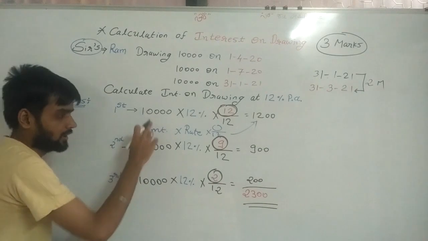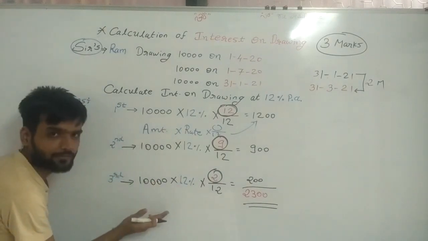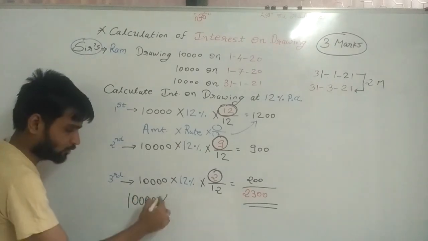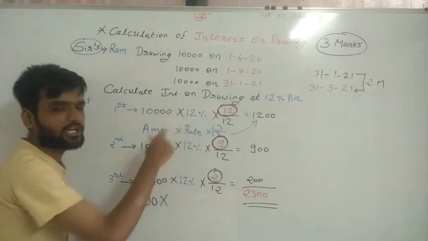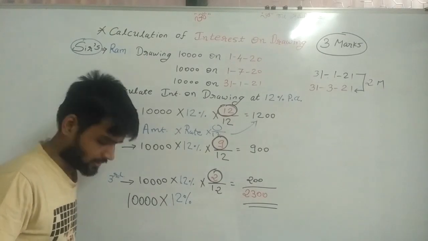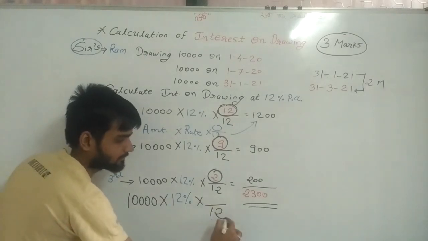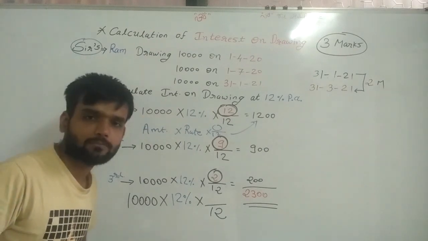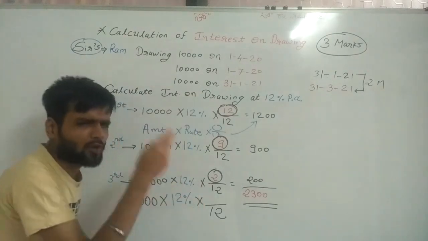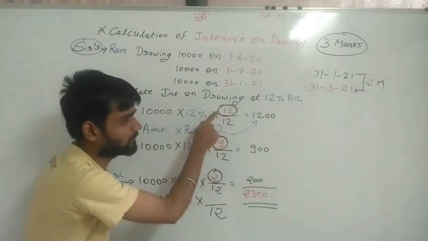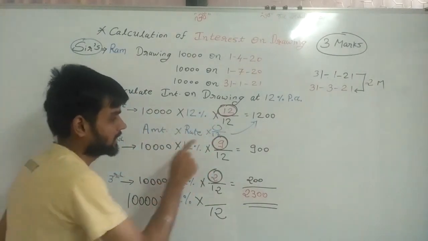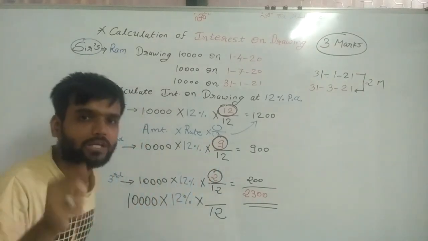Now I write the same amounts here: 10,000 into rate of interest 12%, divide by 12, also the same. Now what is changing? The number of months. So make the total of the number of months: 12 plus 9 is 21, 21 plus 2 is 23.